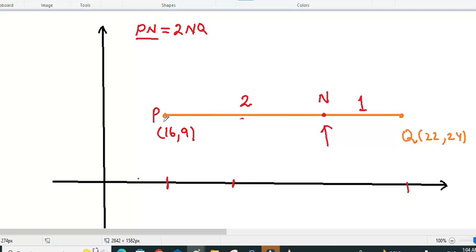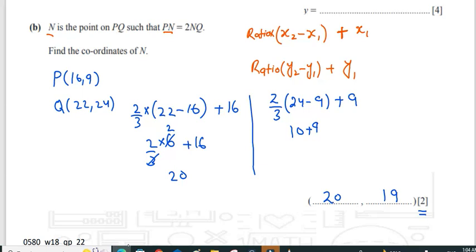So if I have to find out the distance from P to N, it will be 2/3 of the distance between PQ, right? So for this, I have figured out a formula, that is ratio multiplied by x2 minus x1 plus x1.